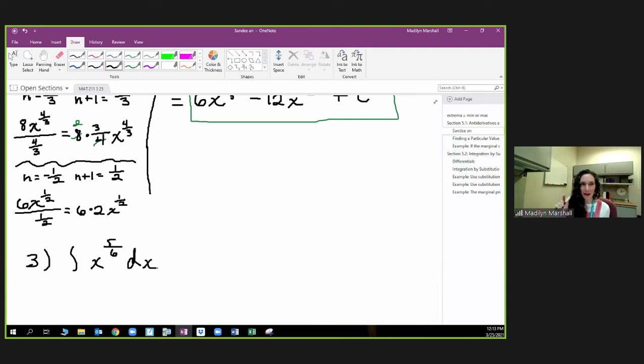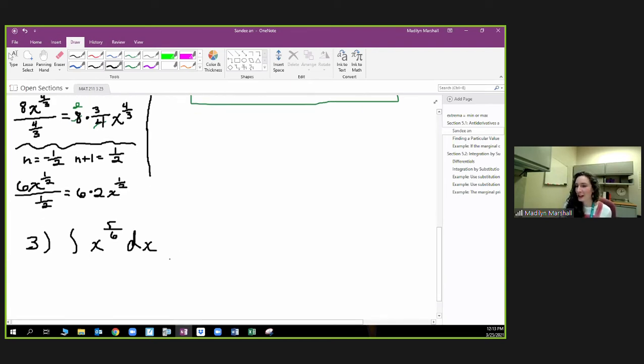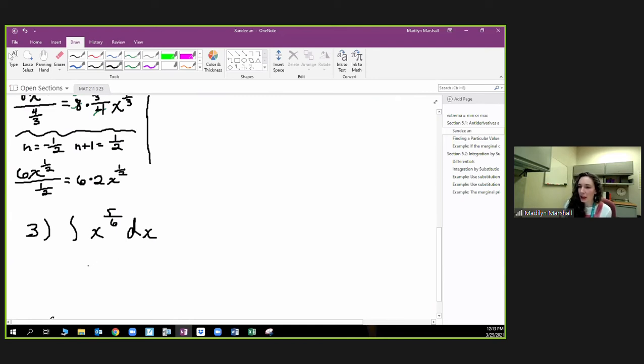There were some that were just missing plus C's, which is an important part of the answer. But here, the n that we're starting with is that 5/6, which means n plus 1 is going to be 11/6.